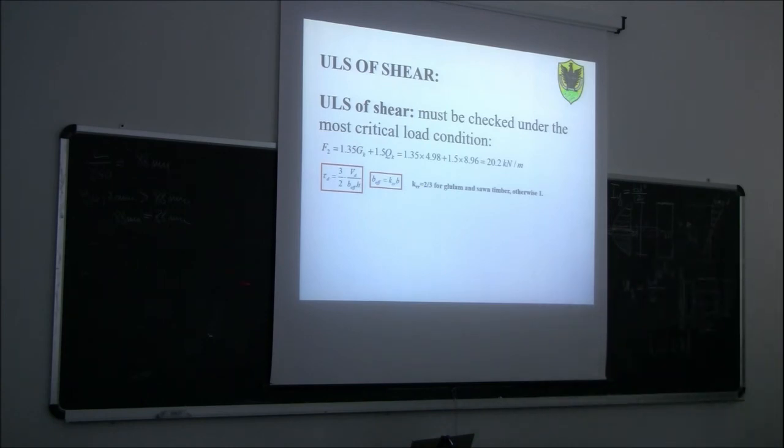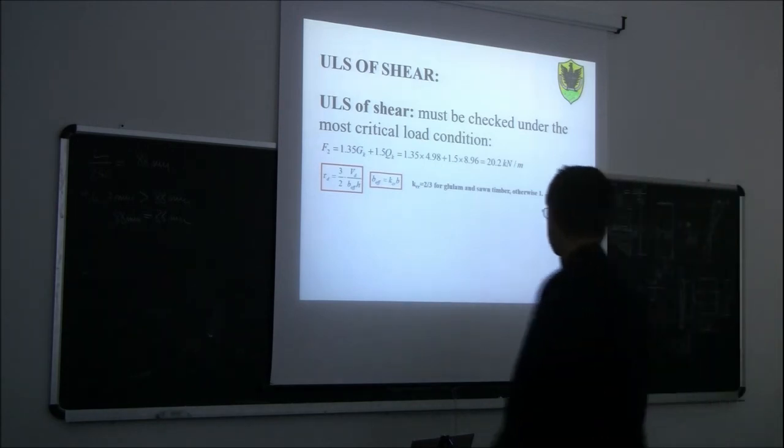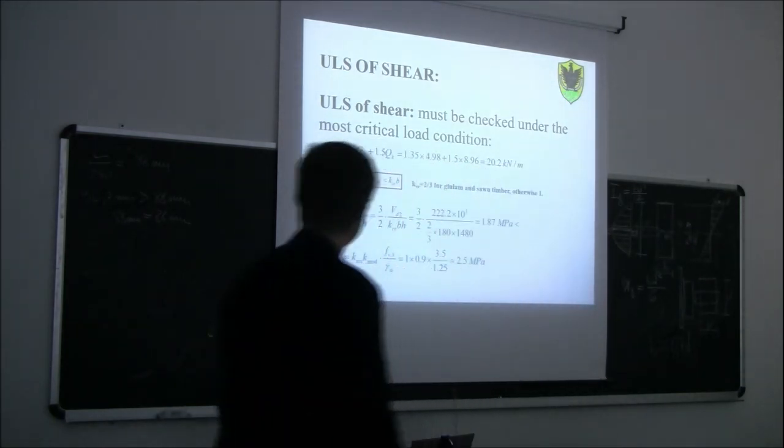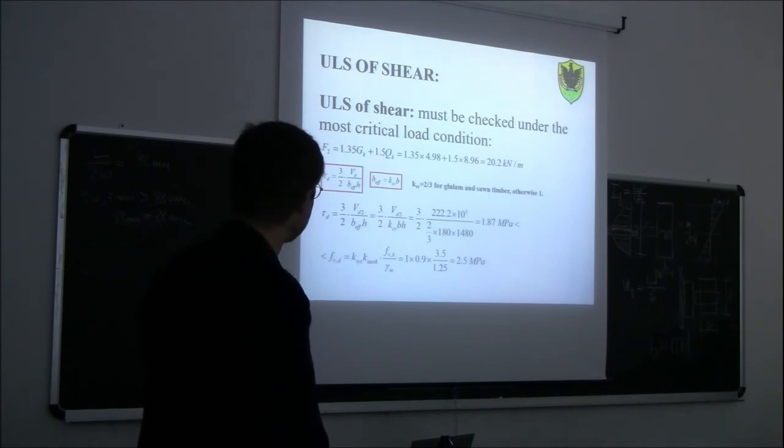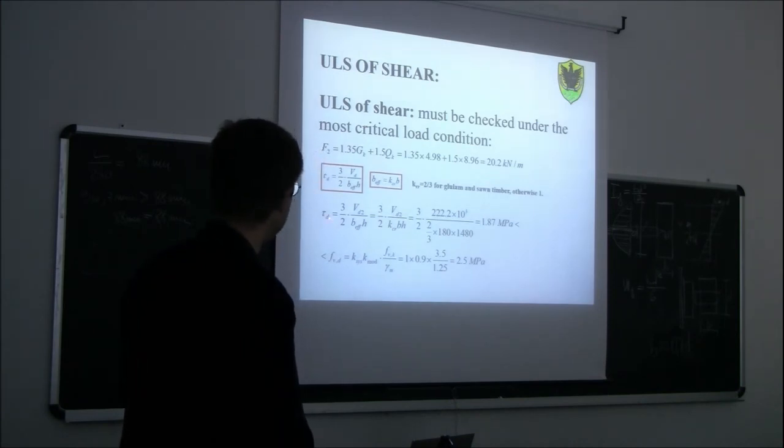So this reduced breadth is calculated by multiplying the actual breadth by this KCR, which is set by the regulation to 2/3. That's in the timber code. We already saw this last week, if you remember. So we replace again all the formula with the numbers, and we get that the maximum design shear stress is 1.7 megapascal.